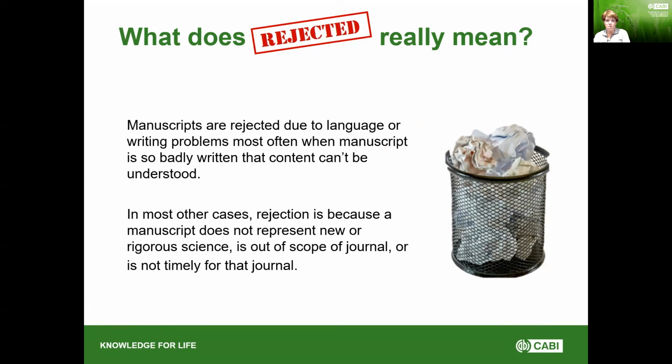In most other cases, if a manuscript is rejected, the rejection is because the information isn't new, or the science isn't rigorous, or it's out of scope for the journal, or it's not timely for that journal. So do not think that a rejection comes because the language in your manuscript isn't perfect.